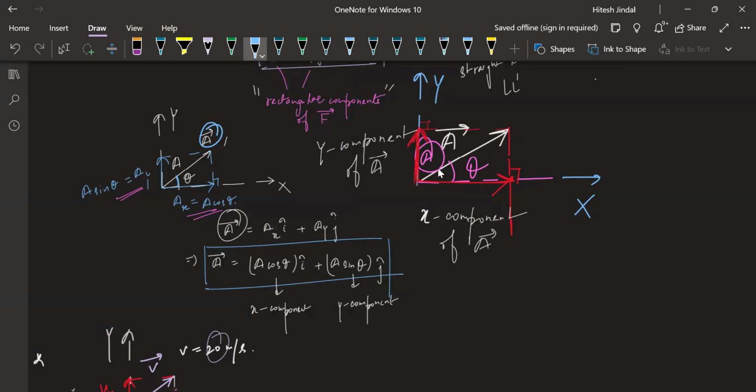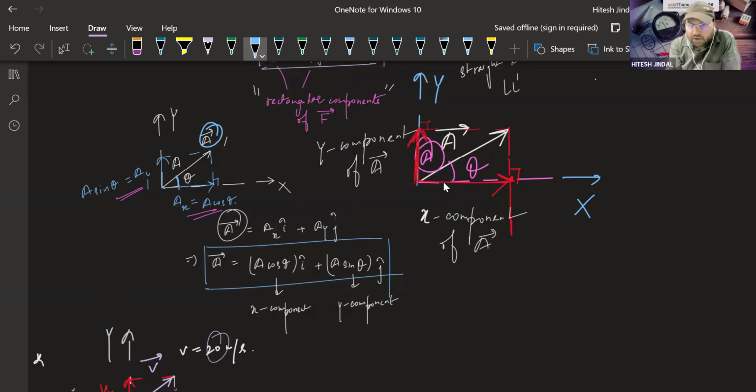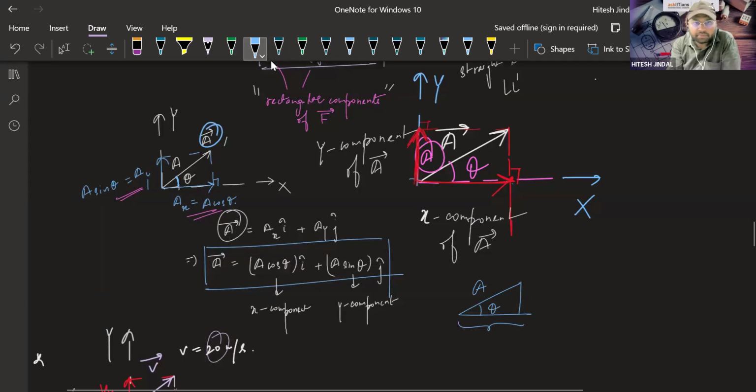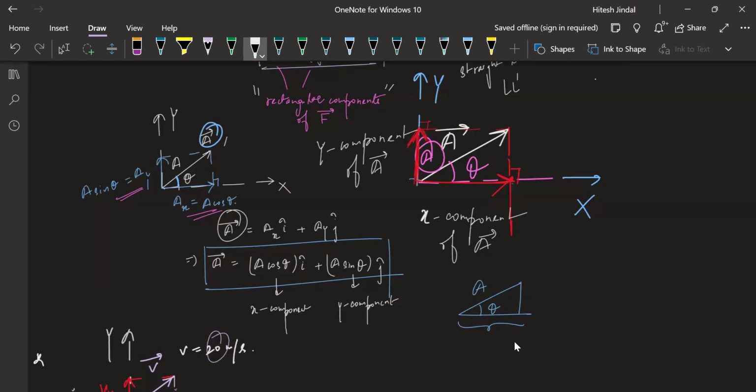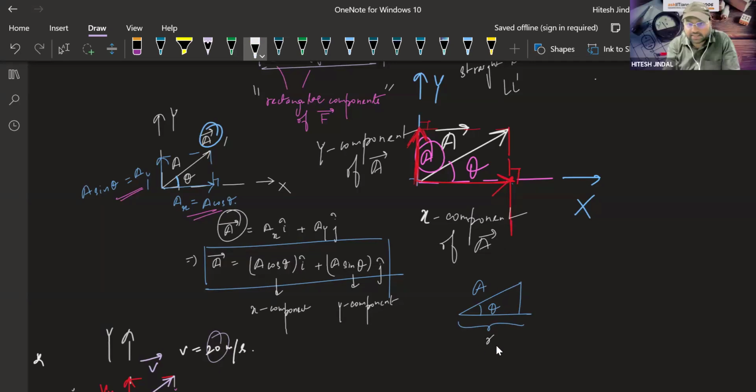This is my magnitude A, and this is theta. What do you think is the length of this line? This is a 90-degree triangle. This is A, and this angle is theta. So how can you find this length? Tell me. Let's say this is X. If this is a right angle triangle, what will you say?